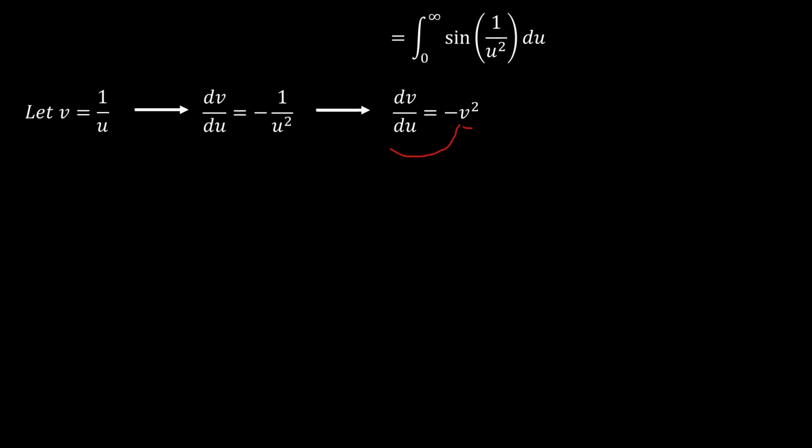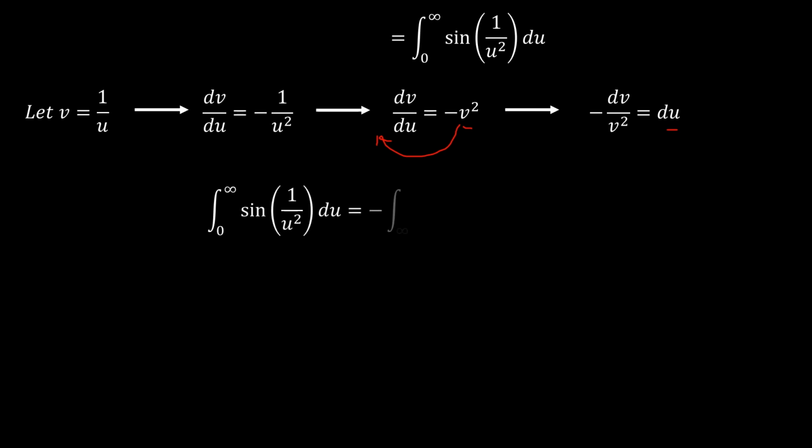And so we can bring this down here such that negative dv over v squared is the same as du, right? Now, obviously when u equals 0, v tends to infinity, and when u tends to infinity, v equals 0.